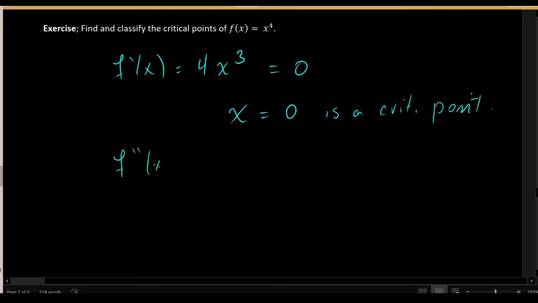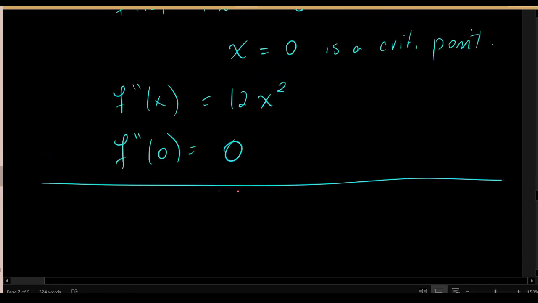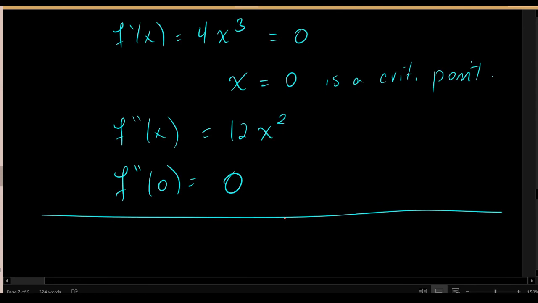Now, in my attempt to use the second derivative test, let me calculate the second derivative. But if I plug my critical point into that, then 0 is the result. But that in and of itself does not tell me anything about the actual behavior of the function around x equals 0.